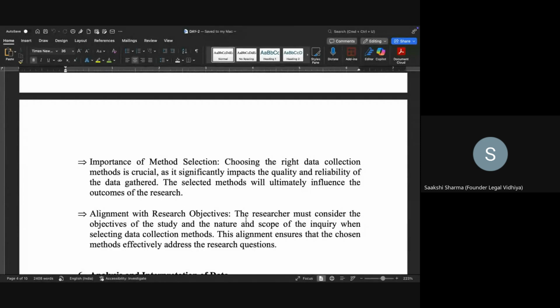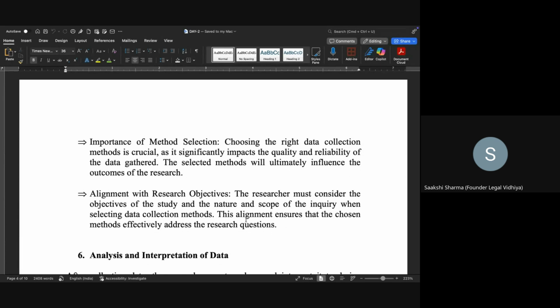The researcher must consider the objectives of their study, as I've already stated, and the nature and scope of it, when selecting data collection methods, because it is very important कि आप align karo.